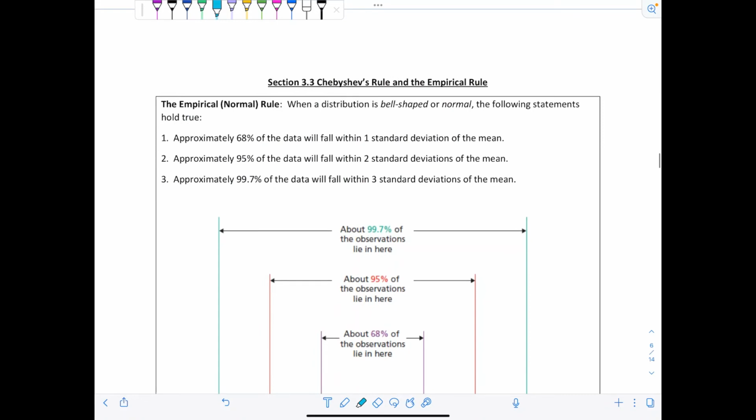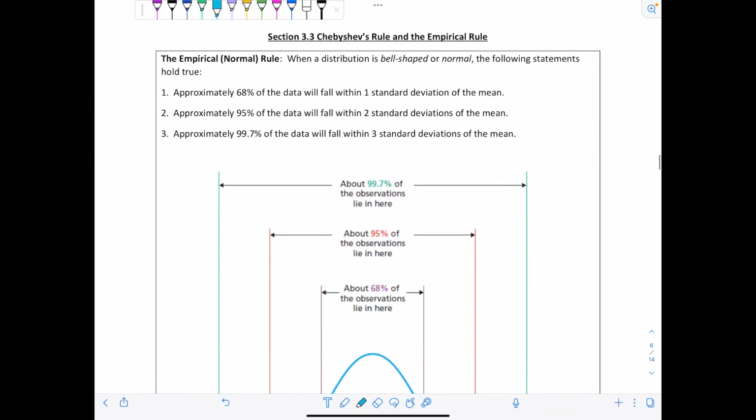All right, now let's look at section 3.3, Chebyshev's rule and the empirical rule. We're actually going to look at the empirical rule first. So the empirical rule you can use when your data is normally distributed. What do we mean by that? If your data is bell-shaped, okay, or normal, then the following statements hold true.